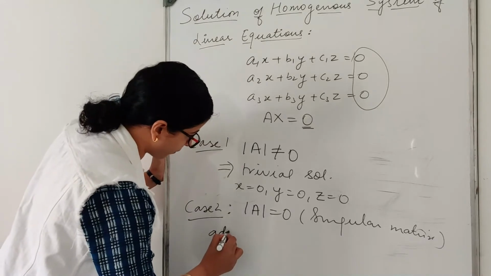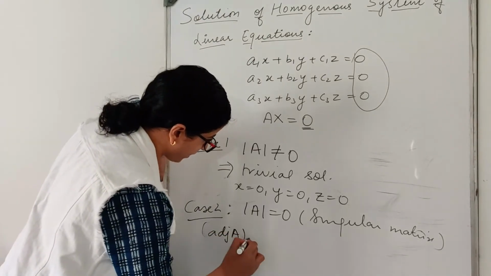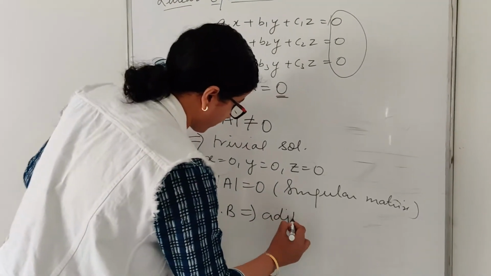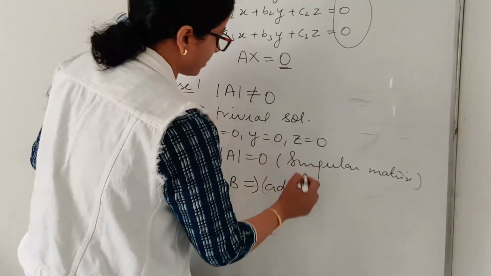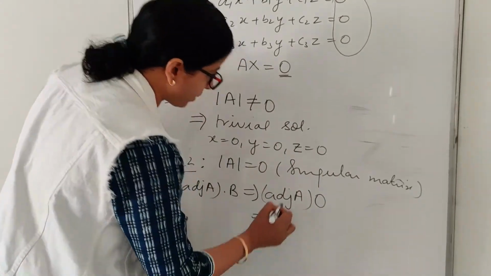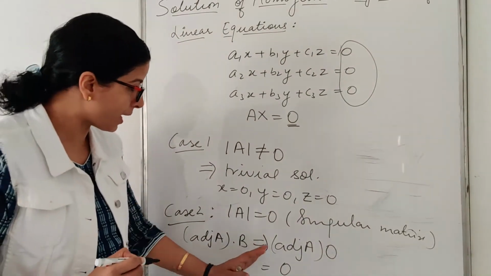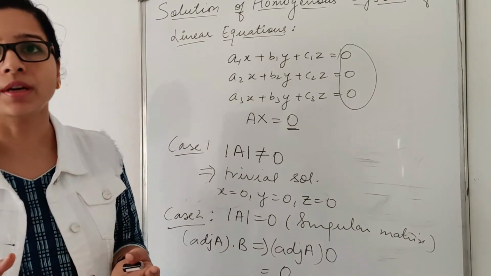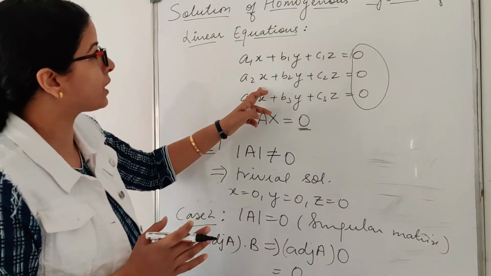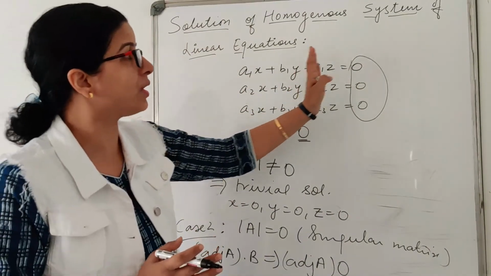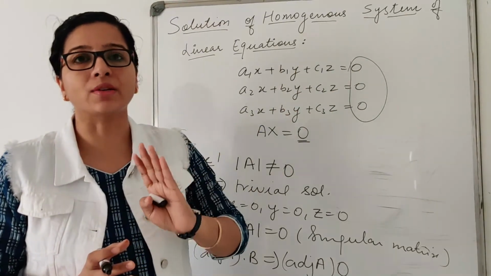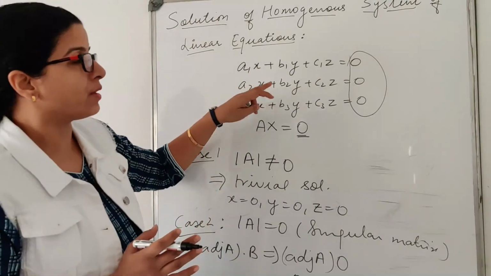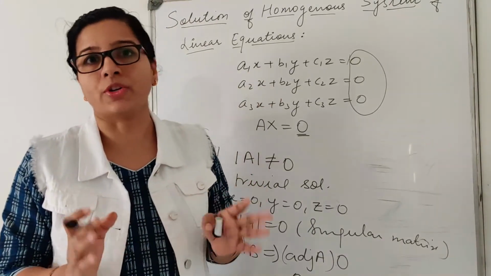We used to find the value of adjoint A into B, right? Which will be nothing but adjoint A, and my B matrix is 0, so it will obviously be equal to 0. Right? So whenever adjoint A into B equals 0, I have infinitely many solutions. You will take any two of the equations and send Z to the other side and assume that Z is equal to K. You will get two equations in X and Y. Solve those X and Y equations using matrix method.